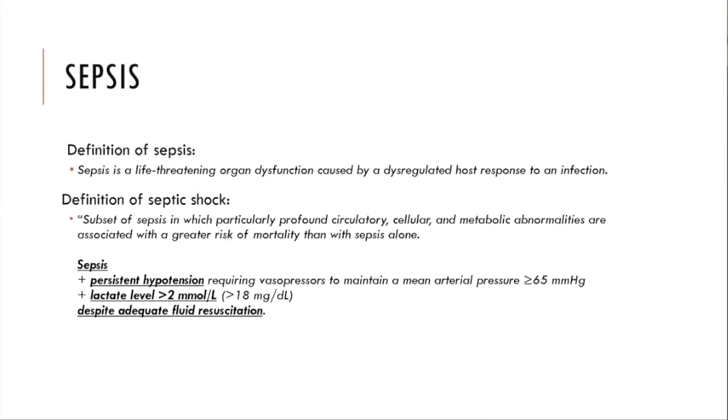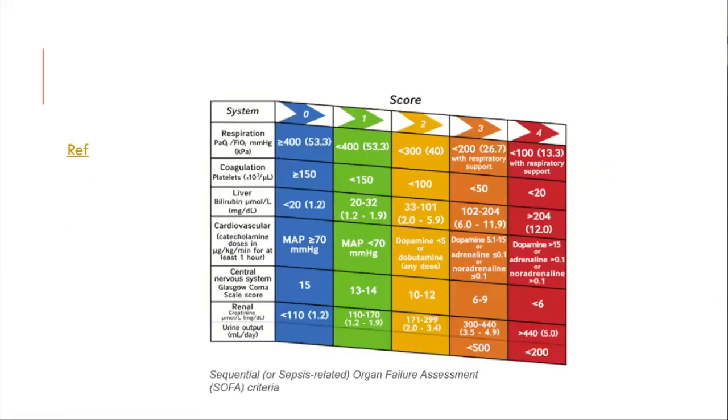So specifically, they're talking about sepsis plus persistent hypotension and a lactate level which is higher than 2, despite adequate fluid resuscitation. So an ongoing and serious high acuity situation. In an emergency department, I've not actually seen this used, but I think probably more in an intensive care setting, it's relevant.